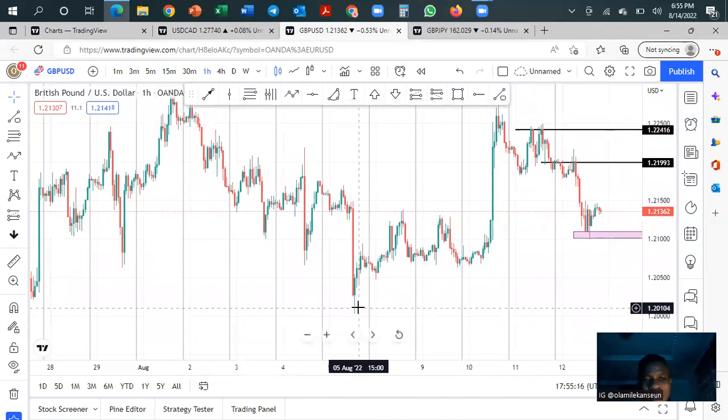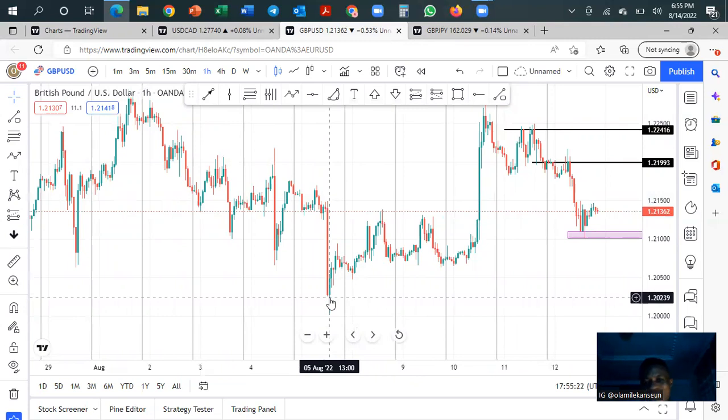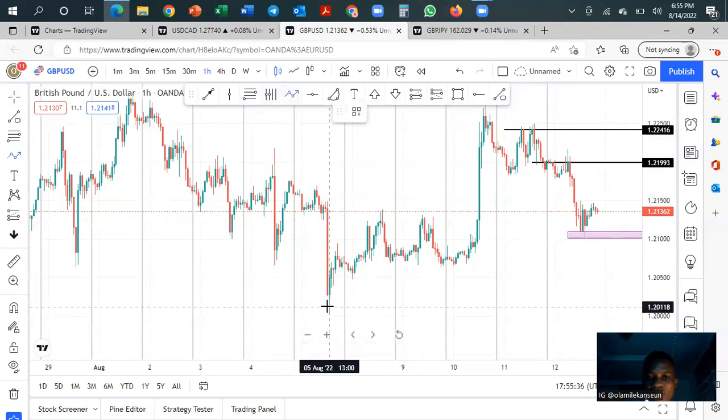But when the market got to this point, you notice something: the market started changing the structure from lower high and lower low back to higher high and higher low. So if you look at this structure from here, here is a low.